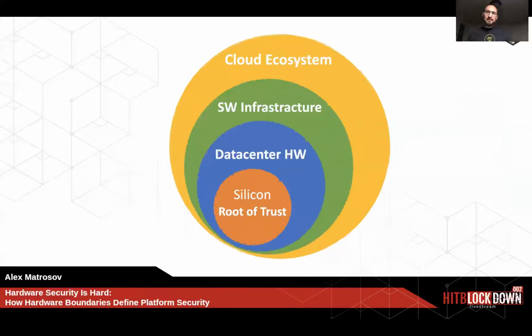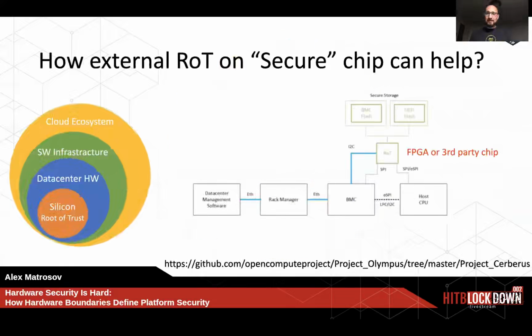But let's think about what happens in the cloud. We have these cloud ecosystems, which are powered by software infrastructure, and data center hardware provides the foundation for that, right? But we have the root of trust, which is inside the silicon. And what if something goes wrong? So how do we usually have the root of trust separated from the original system board?